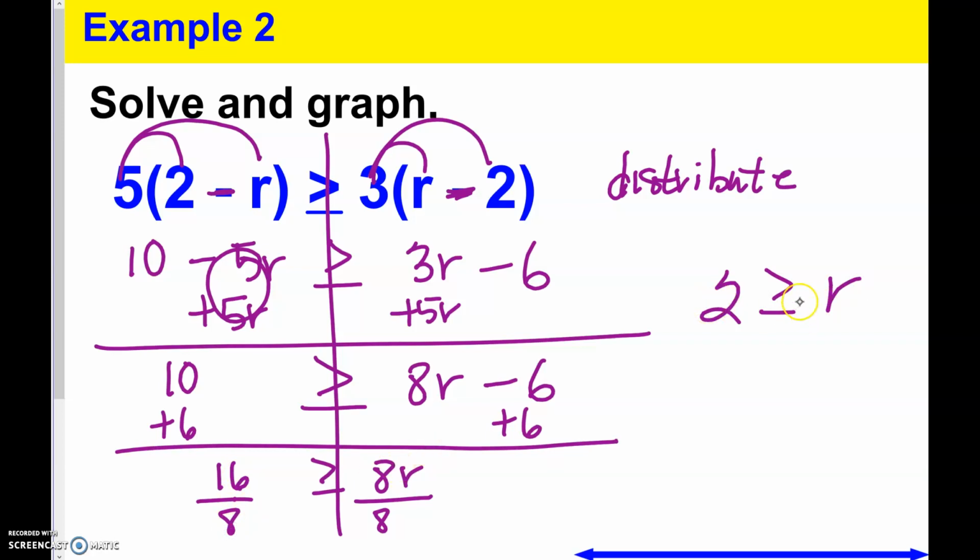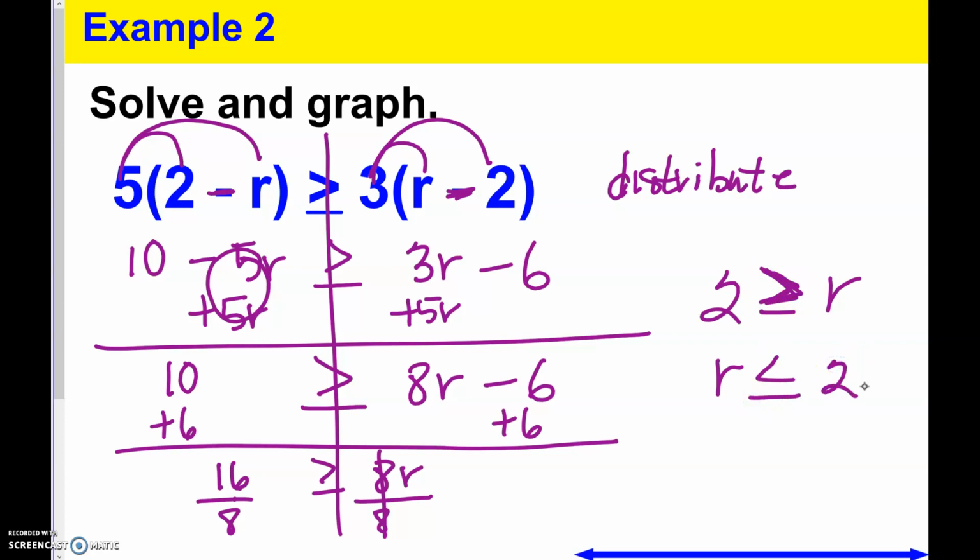Leave your symbol the same. And 8 divided by 8 is r. Now be careful for graphing purposes. We like it better when that letter's first, so I'm just going to rewrite it so that this letter is first. And we see how this arrow is pointing. The point is towards the r. I'm going to make sure that I do that when I rewrite it.